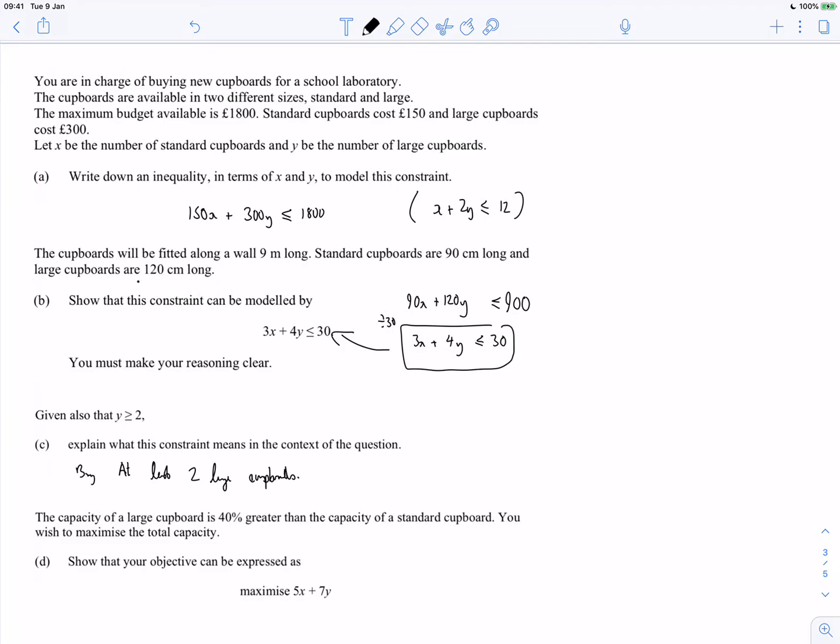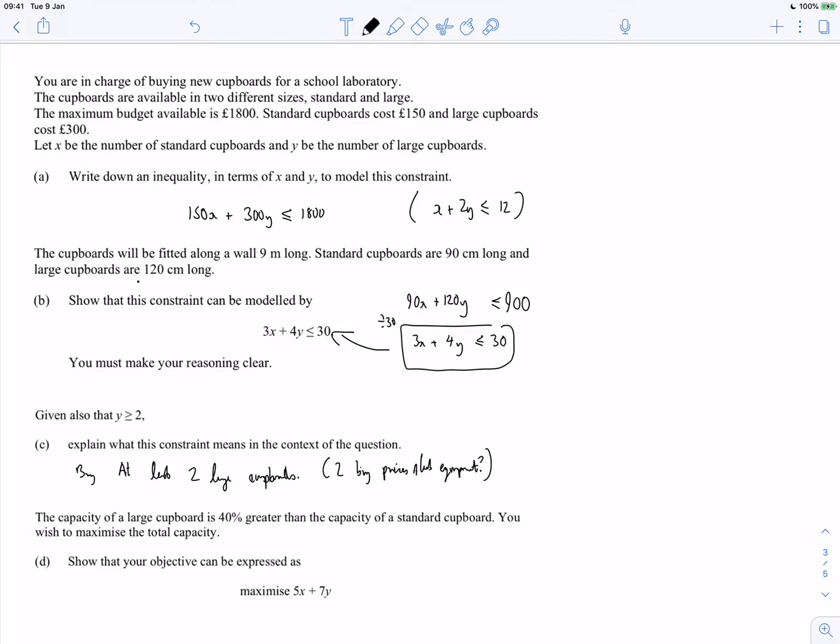I don't know, maybe they've got 2 big pieces of lab equipment. This is just me messing around now. Maybe they've got 2 big pieces of lab equipment, and they need at least 2 large cupboards to store them, and then the rest they don't really care about. They just want to maximize it.